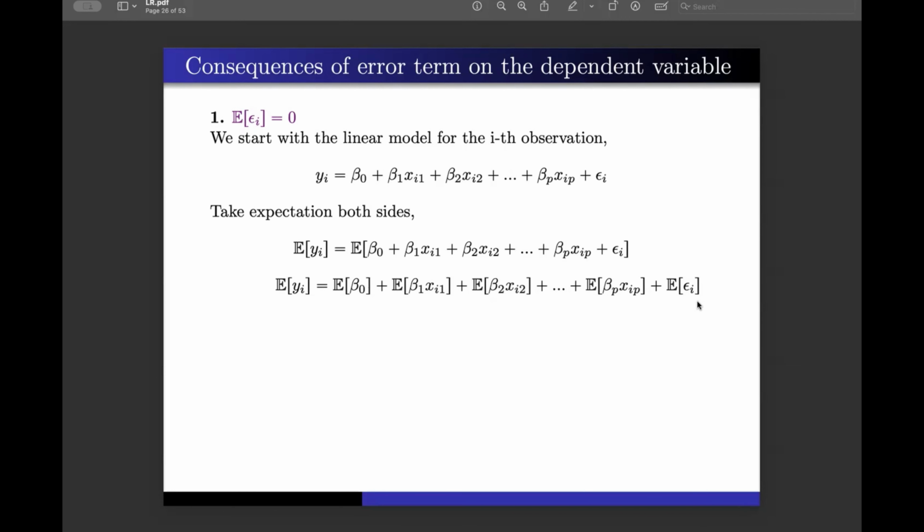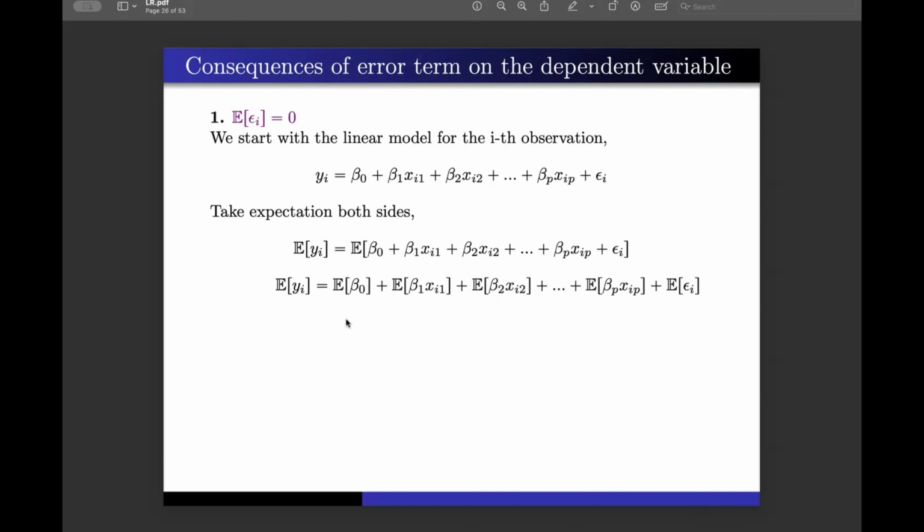Once you have the data set with you, you would know the values of xi1, xi2, xi3, xi4, so on and so forth till xip. All these xi's are known and fixed quantities. And we do not know the values of the betas at the moment, but once we find them, they will not change. They will be fixed quantities.